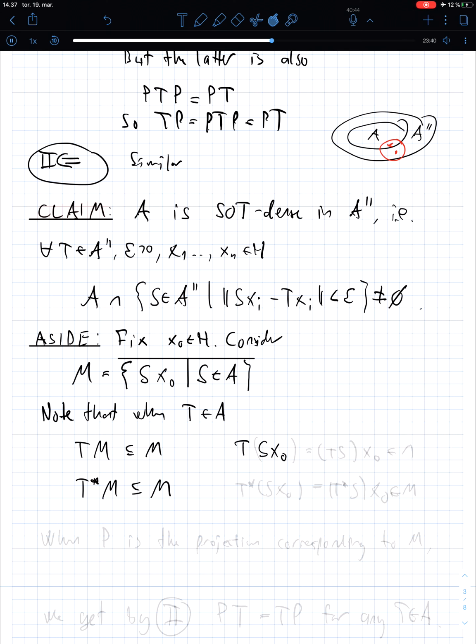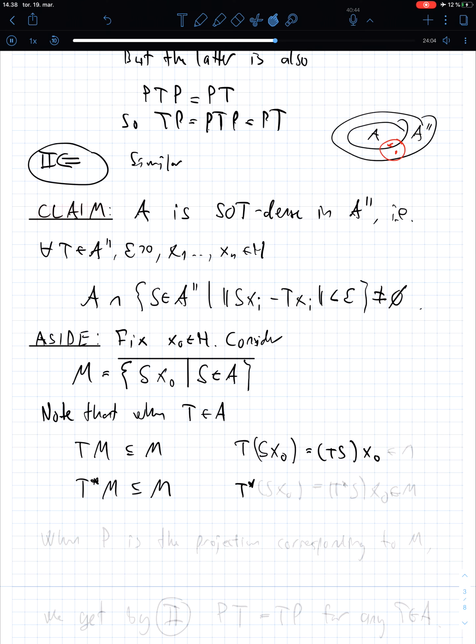So if I apply T to one of these elements, I need to know that this is inside M. This is obviously inside M because I can just write it this way, and TS is in A because A is a C-star algebra, and T comes from A, and so does S. And then I just need to close off, and that is easy.